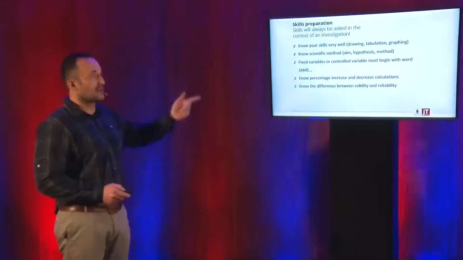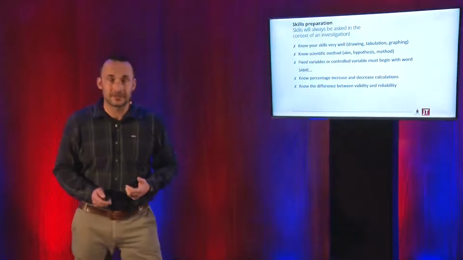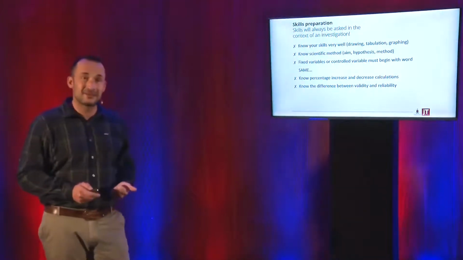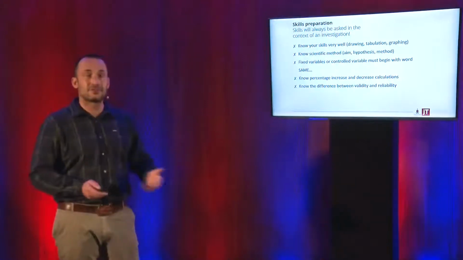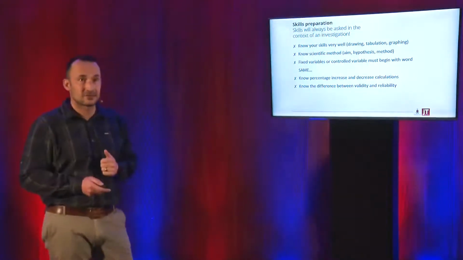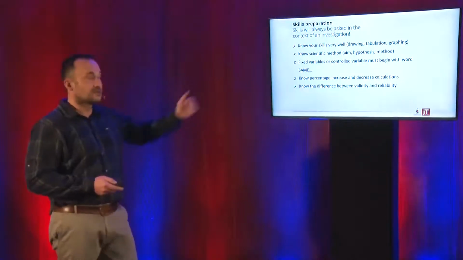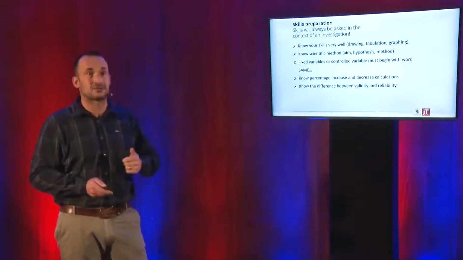We're going to have a look at our variables and how they're controlled in the context of an investigation, being able to identify the independent variable, the dependent variable, and then focusing on a few of the controlled variables that could impact on the results of an investigation, and then knowing the difference between validity and reliability in the investigation as well.